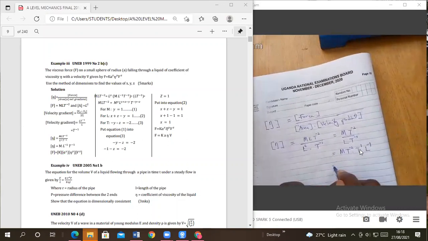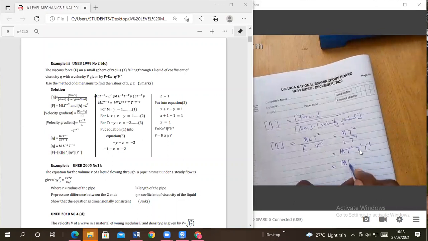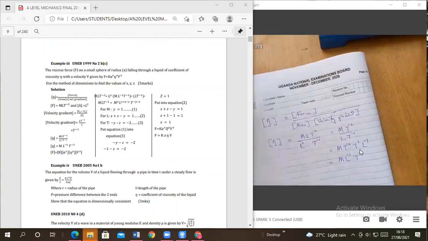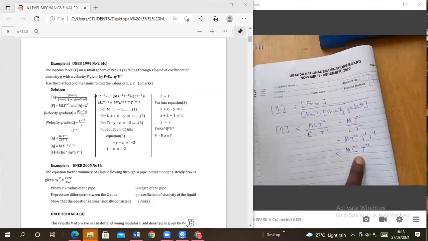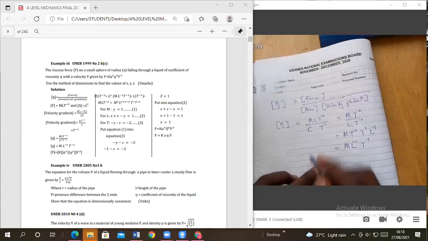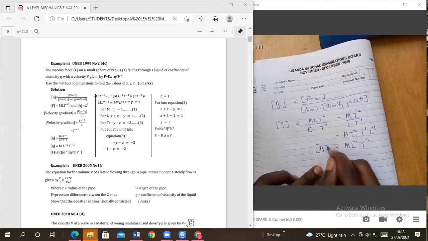So if we simplify, we shall have M, L to the power negative 1, and for T we have negative 2 plus 1, which gives negative 1. So that's the dimension of viscosity only.